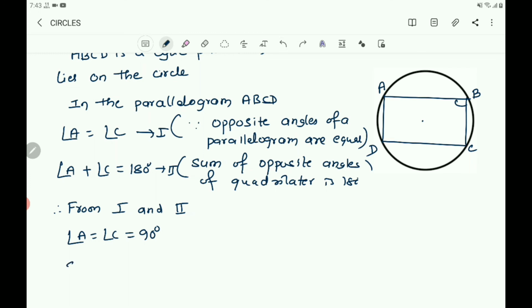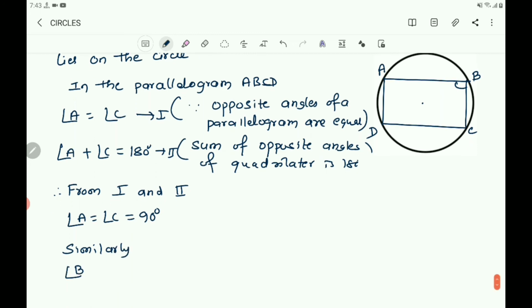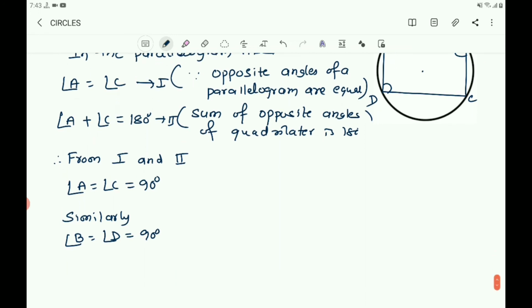So you write similarly angle B equals angle D equals 90 degree. Here also the sum of B and D is 180 degree and they are equal, so they must be equal to 90 degree. As all the four angles are equal to 90 degree, you can say that ABCD is a rectangle.